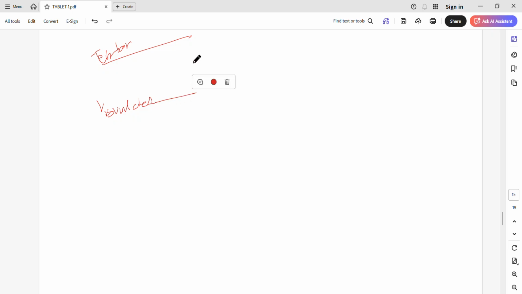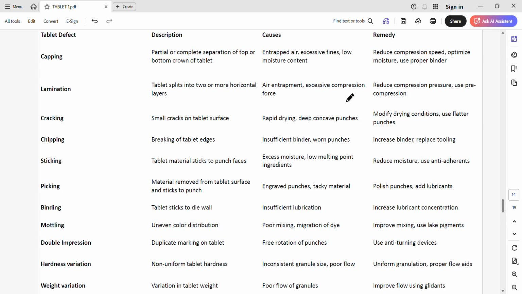In visual defects there are mainly three types. First is process-related defects. The process-related defects are capping, lamination, cracking, and chipping. These four are process related.